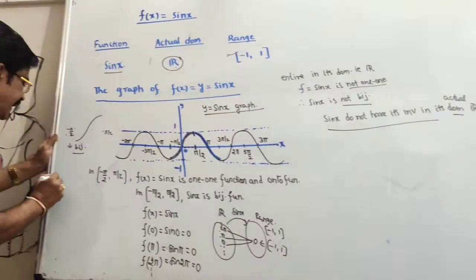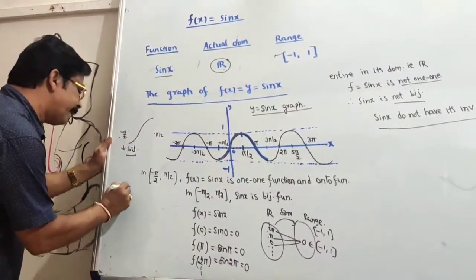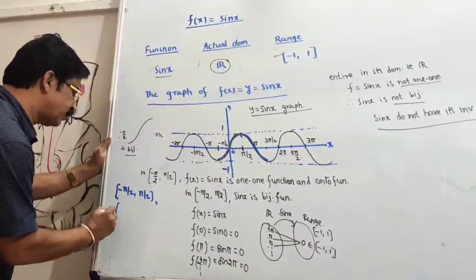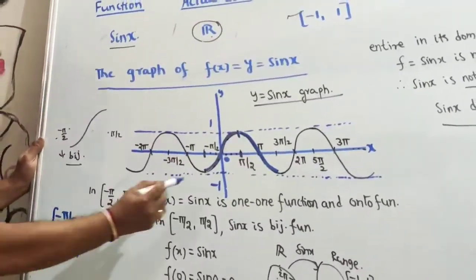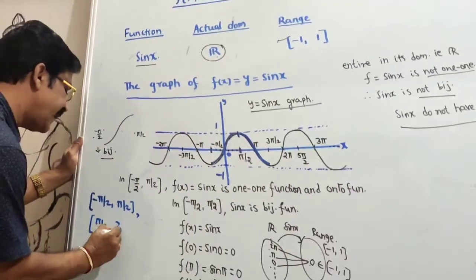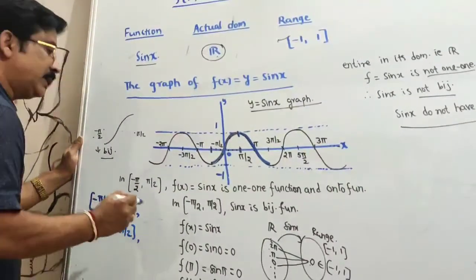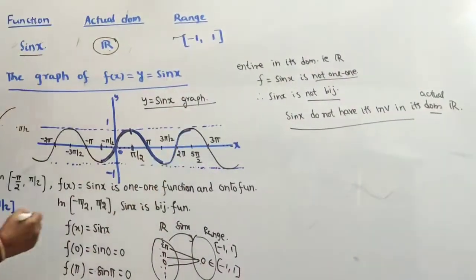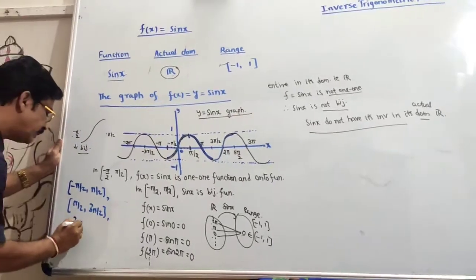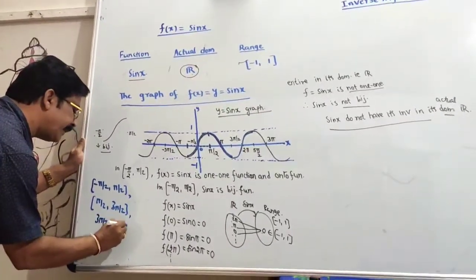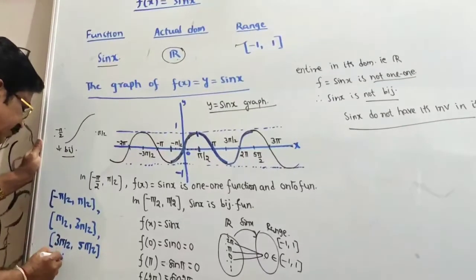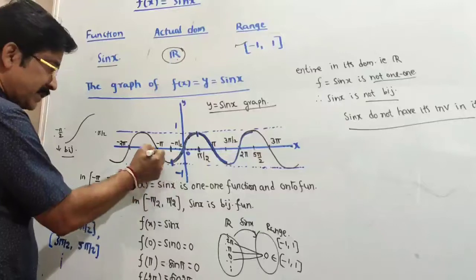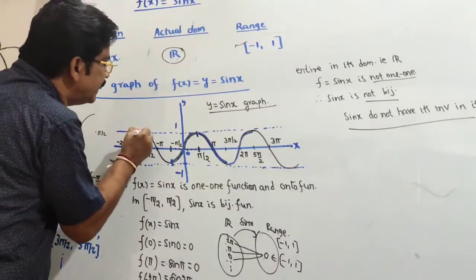So the first area is the closed interval of minus pi by 2 to plus pi by 2, next the closed interval of pi by 2 to 3 pi by 2, later 3 pi by 2 to 5 pi by 2, so on the positive side and so on like that. Next, on the negative side, you come here. This is minus pi by 2 to minus 3 pi by 2 in this area.